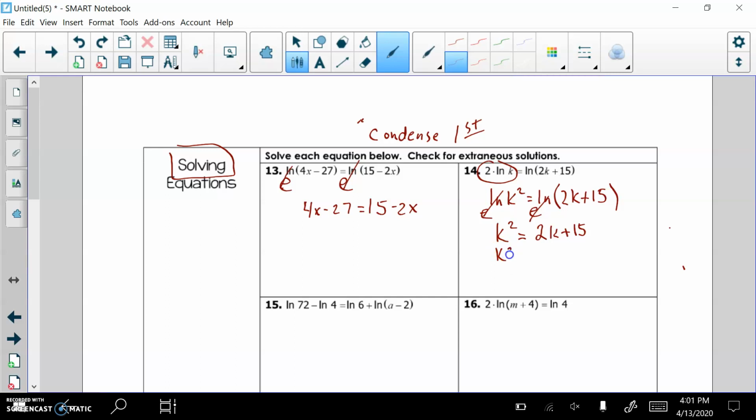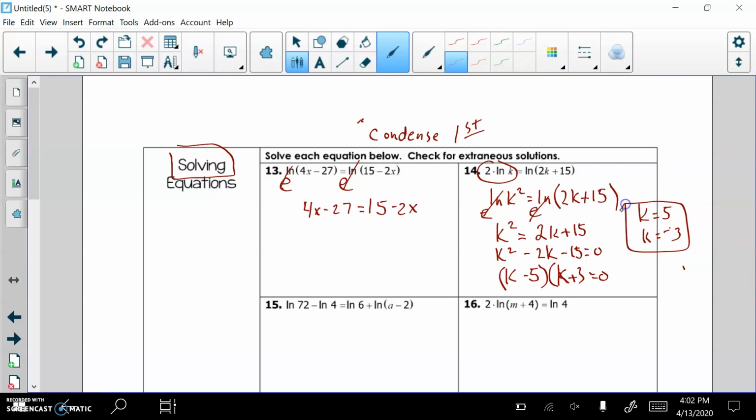So k squared minus 2k minus 15 equals 0. That factors real easy into k minus 5, k plus 3 equals 0, which means our solutions are k equals 5 and k equals -3.